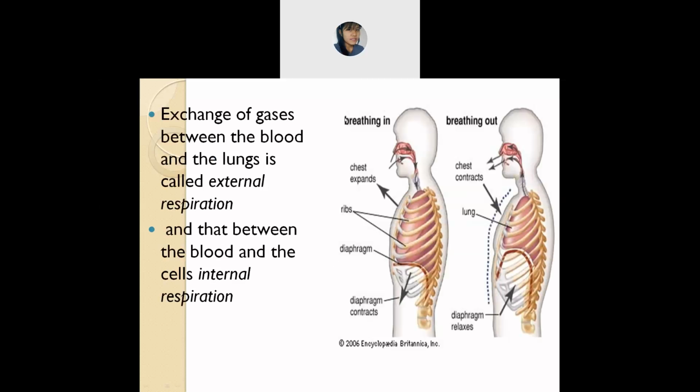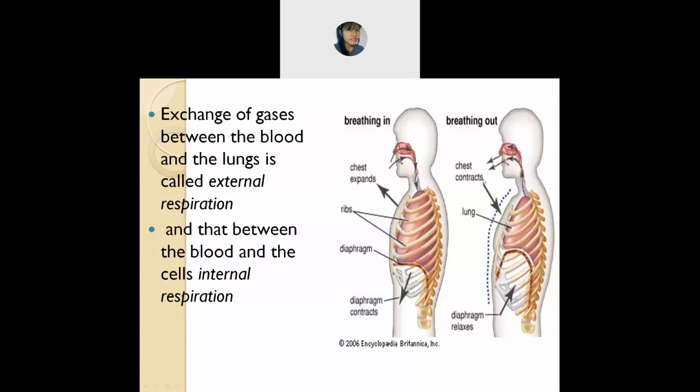So here, what usually happens in external respiration? When the gases are being taken up, that is, breathing out. So when you breathe out, exchange of gas usually occurs in between your lungs and the blood.